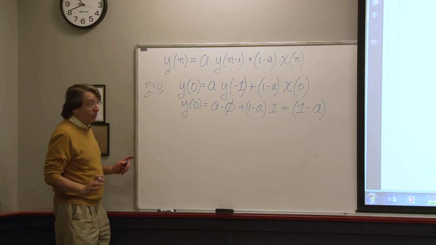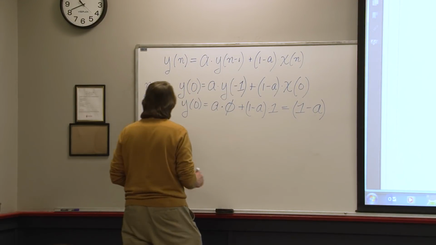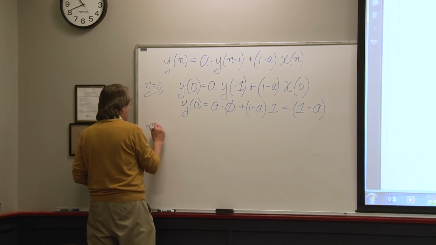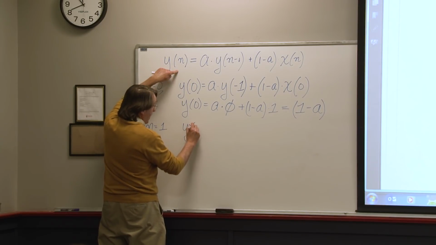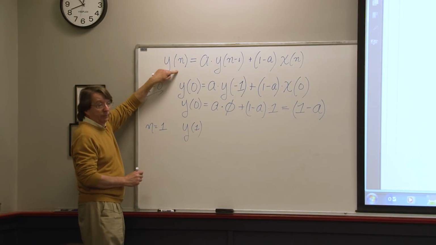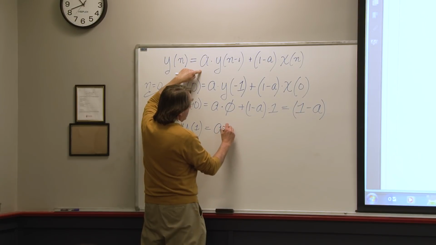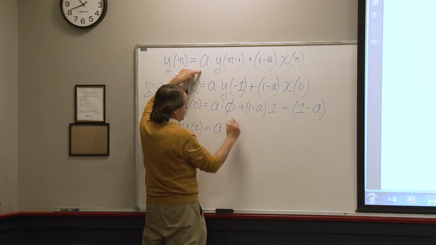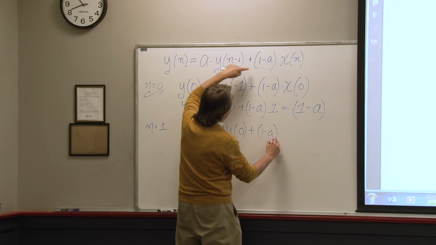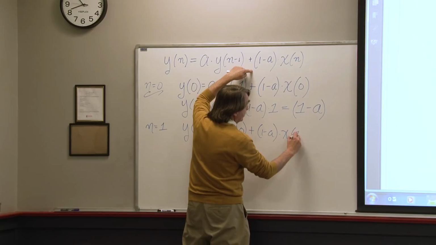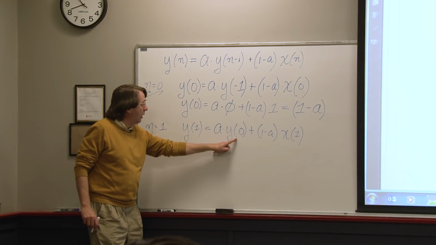I say, good. I'm off to a good start, I hope. Okay? Now, for n equal 1, stop me, my colleagues. I'm plugging in n equal 1. So y of 1 equals a times y of 0, plus 1 minus a times x of 1.